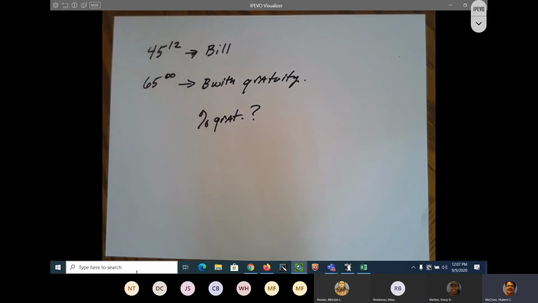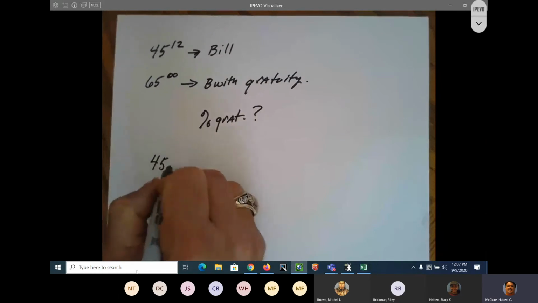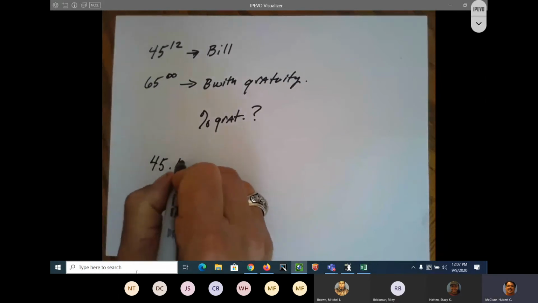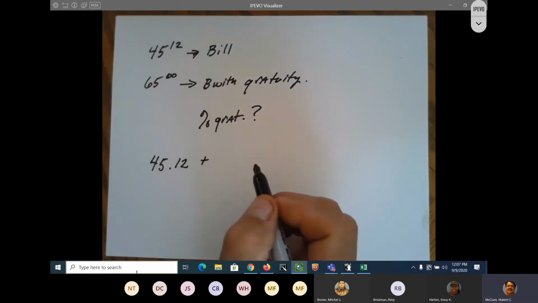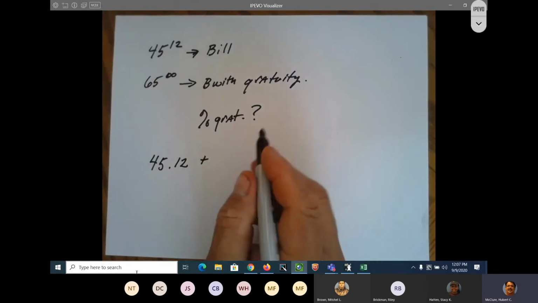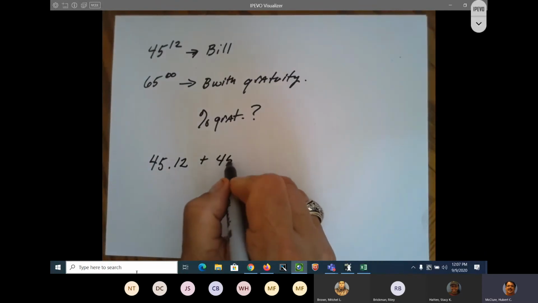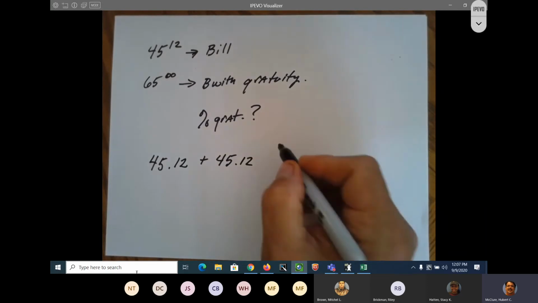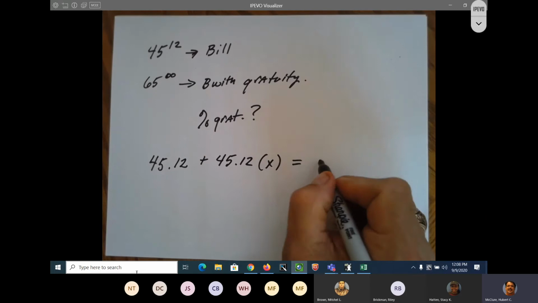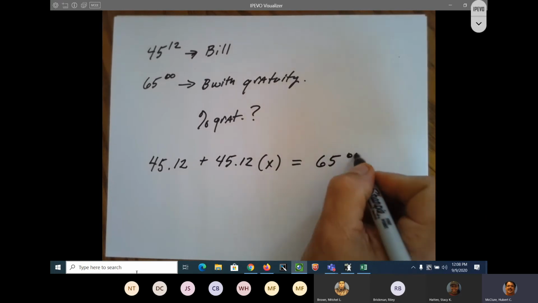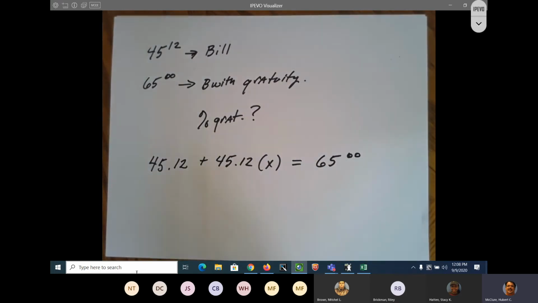So what do you do? Well, you plug and chug. 45.12 plus, those tips are added, 45.12 percentage is equal to $65. Now you have an algebraic equation.